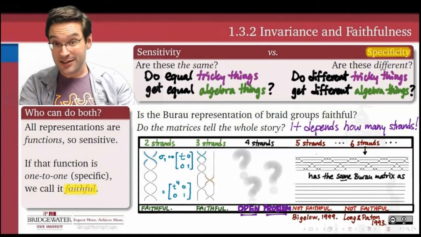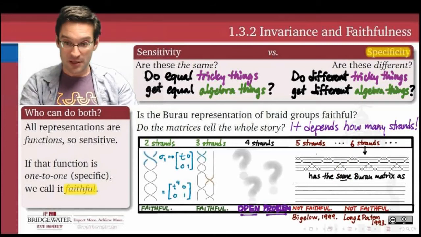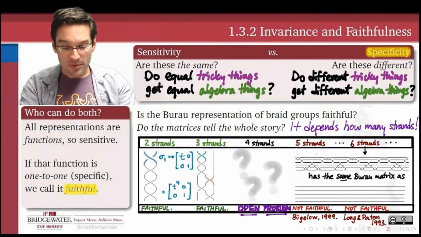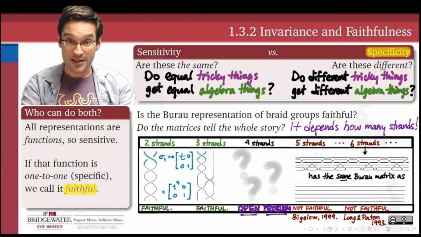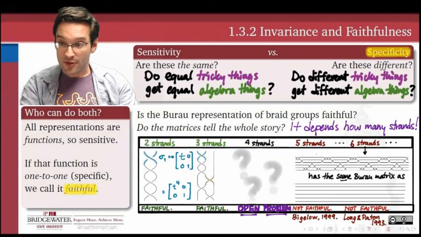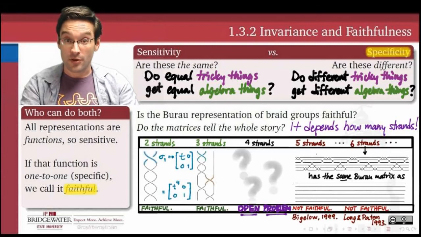If we could find an example, we could instantly be published and probably quite notorious in the world of mathematics. But no example has been found yet, and it's definitely not for a lack of searching. So whether or not this is actually a faithful representation is still an active area of research in the theory of knots in algebra. So it may be something that you want to explore in your later graduate studies as well.